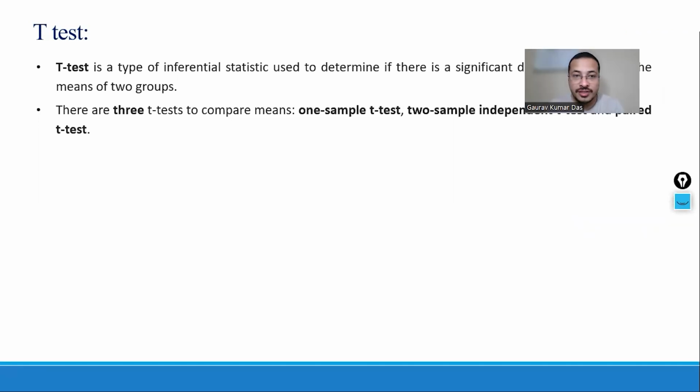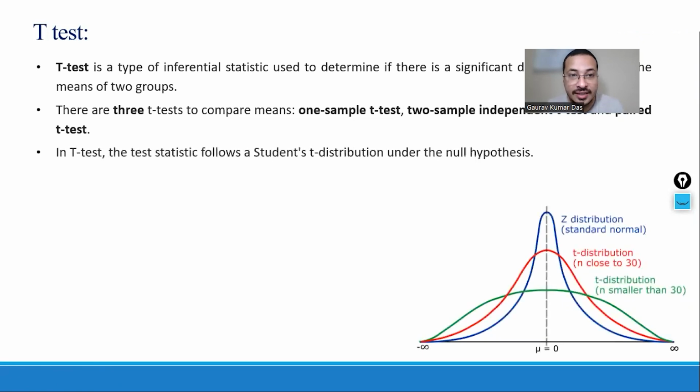One more important point is that in a t-test, the test statistic follows a student's t-distribution under the null hypothesis. I told you in the previous video, when we were trying to locate the critical value and the p value, sorry, alpha value, and we had a curve, that whatever test we do, we assume that that particular set of data points belongs to a theoretical distribution.